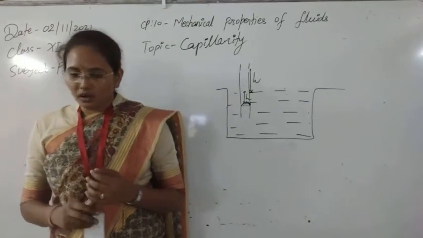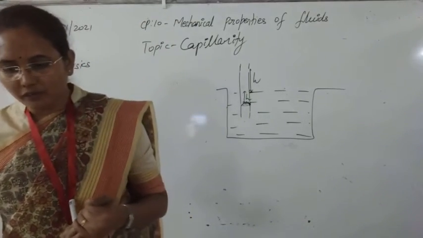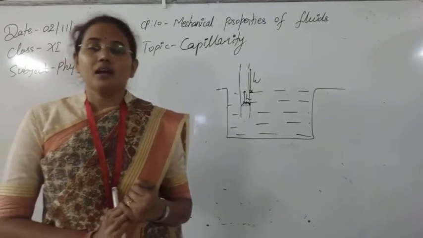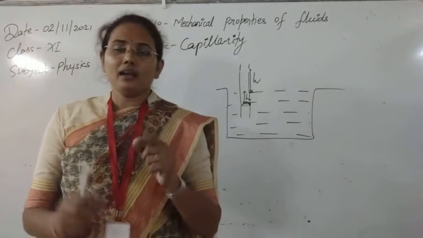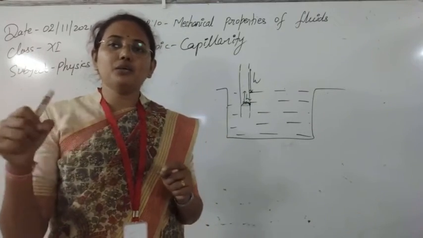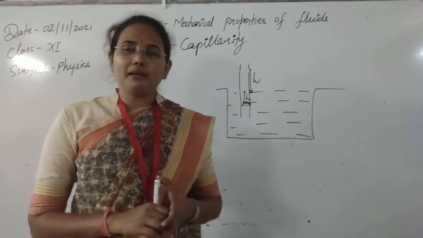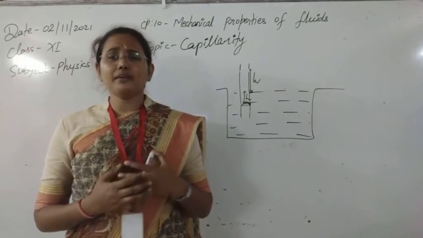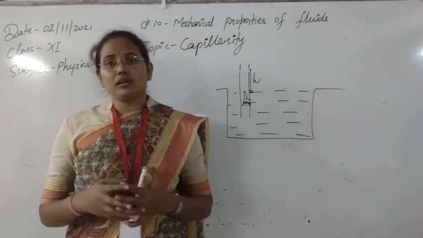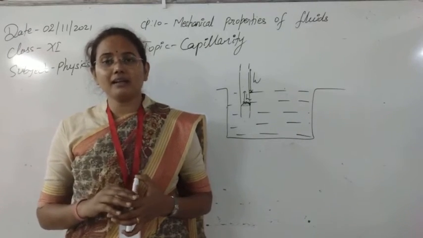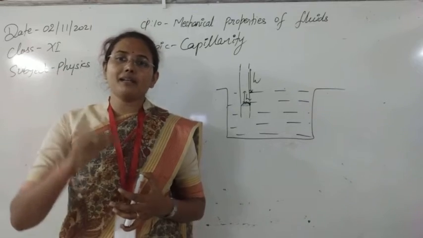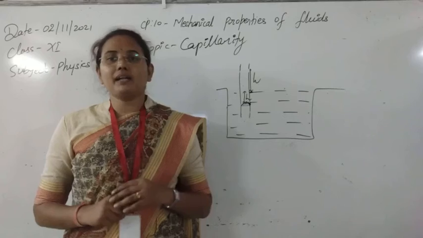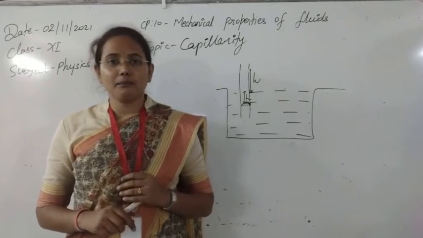Another example: plowing of the field is essential for preserving the moisture of soil. Why? In soil, a number of fine capillary tubes are present. Through those capillary tubes, underground water comes up, and if the capillary tubes are not broken, all of the water will come to the surface and vaporize. Then a dryness problem will arise.